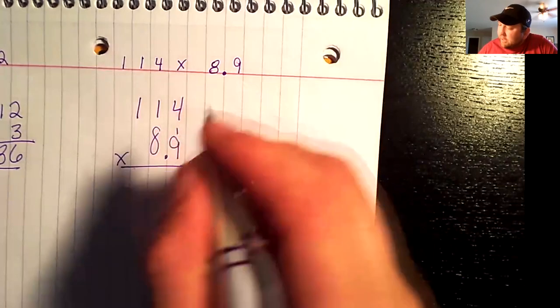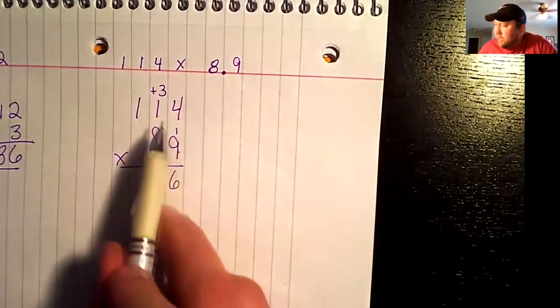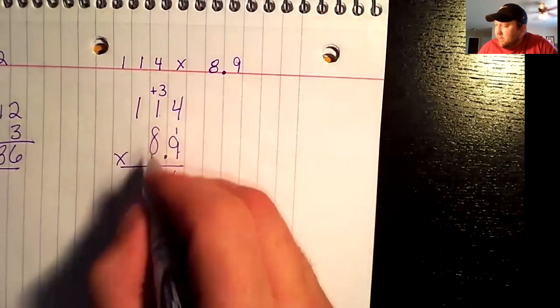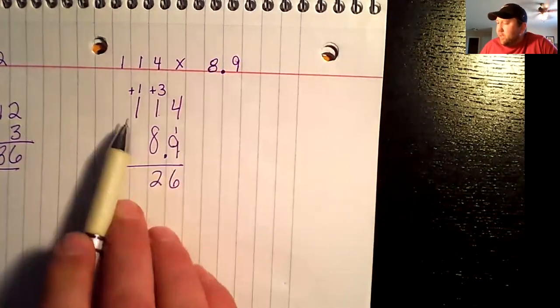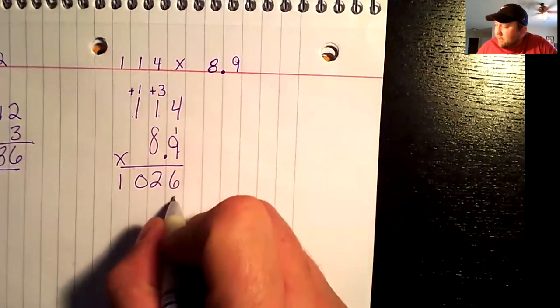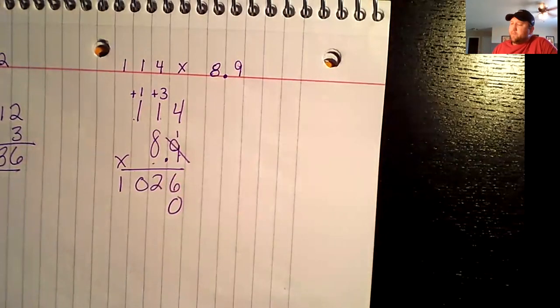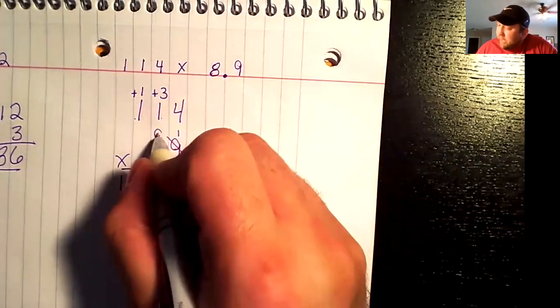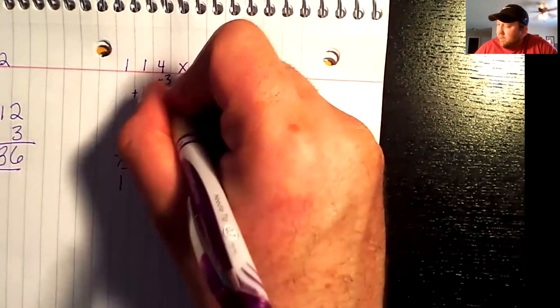Okay, so 9 times 4 is 36. Carry my 3. 9 times 1 is 9, plus 3 is 12. Carry my 1. 9 times 1 is 9, plus 1 more is 10. Add a 0 down here because we're moving to the next place over. Now we have 8 times 4, which is 32.